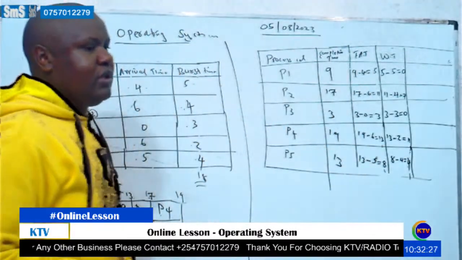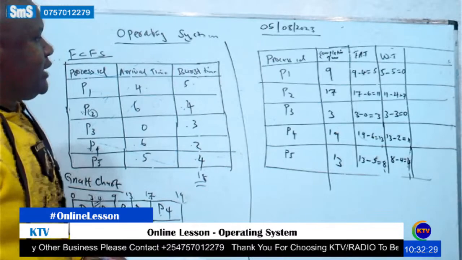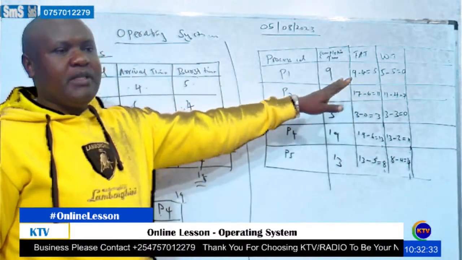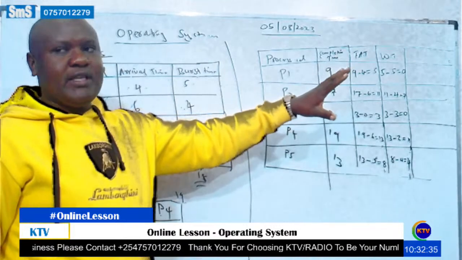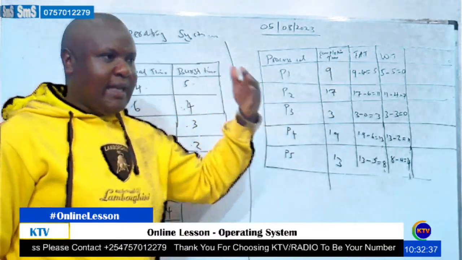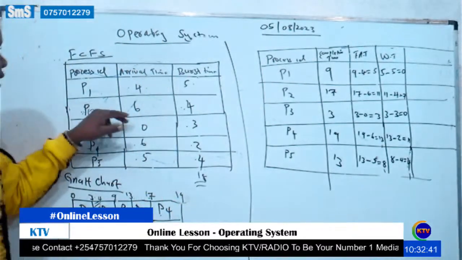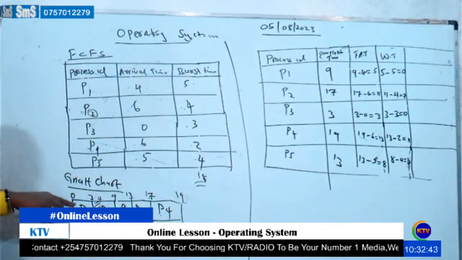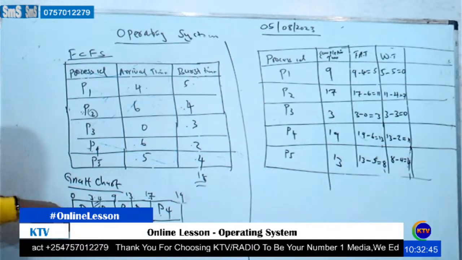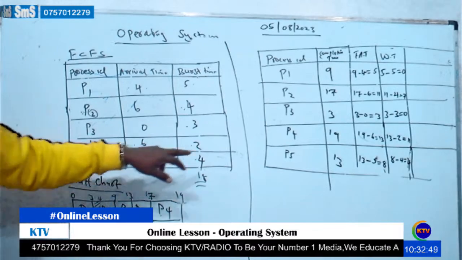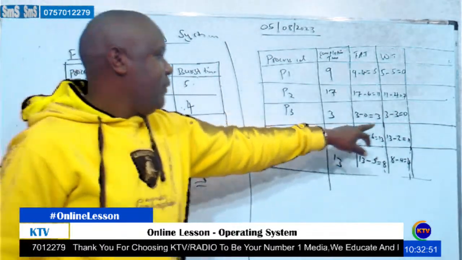Something I told you: if you look at the waiting time, the waiting time for process 1 is 0. When you see 0, it means the process did not wait. Once it arrived at the ready queue, it was allowed in. When process 1 arrived, there was no waiting. And if you look at process 3, the waiting time is 0.